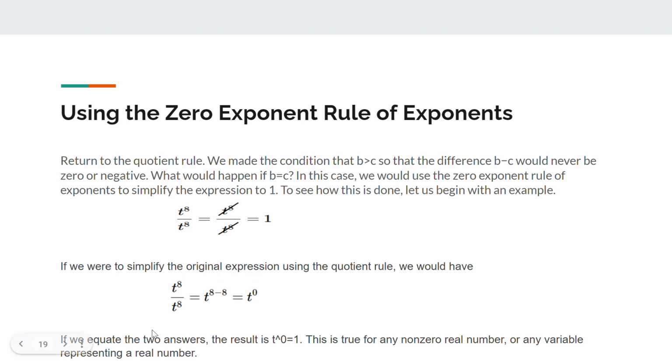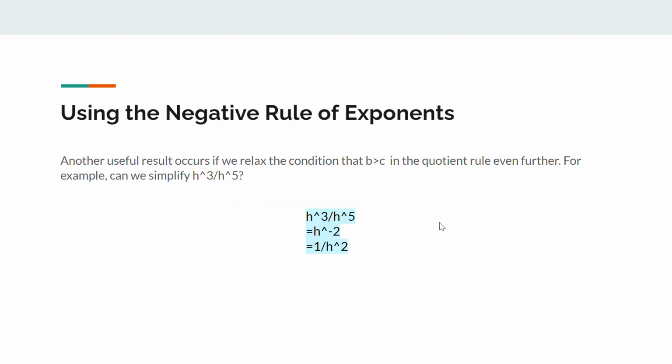So if we equate the two answers, the result is t to the power of 0, which is 1, since for any non-zero real number t to some power, like to the power of 0, it is always equal to 1, no matter what.